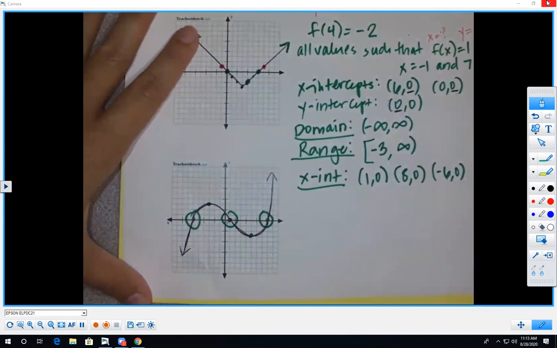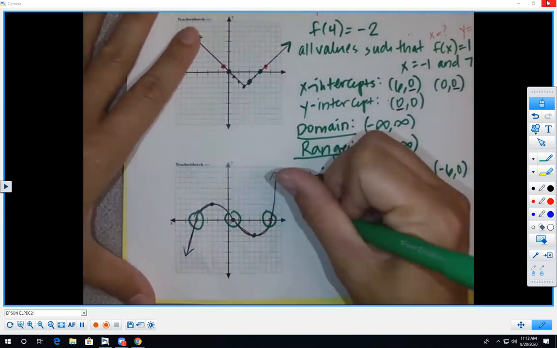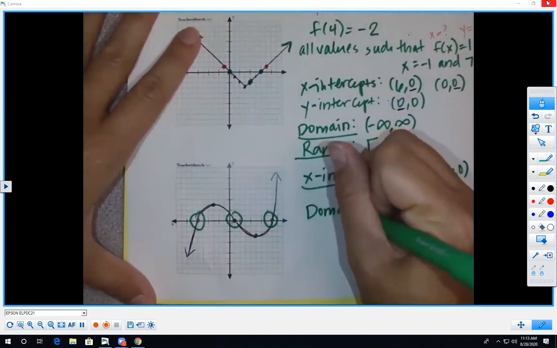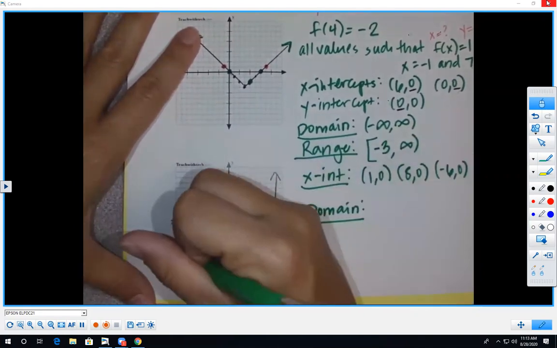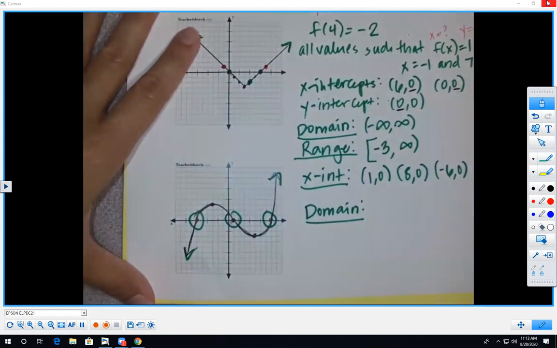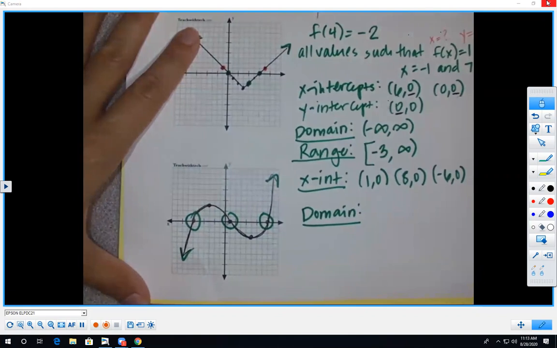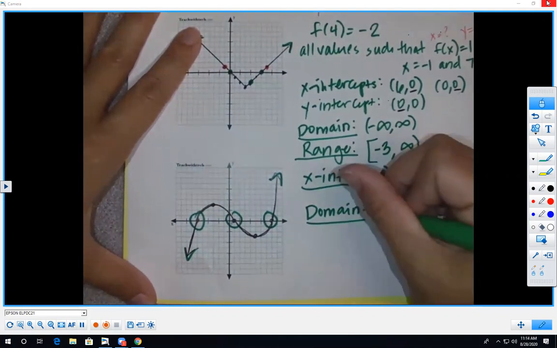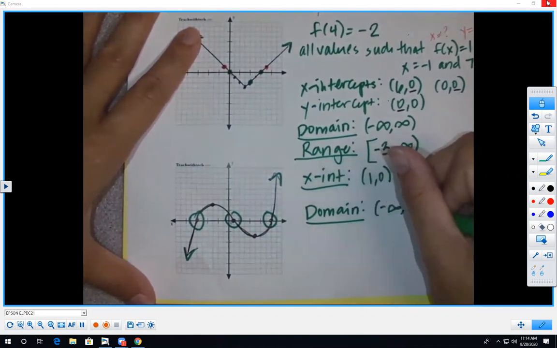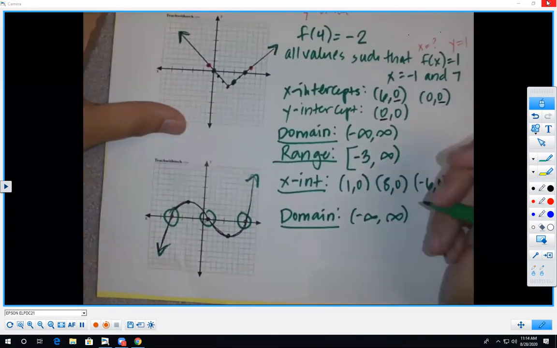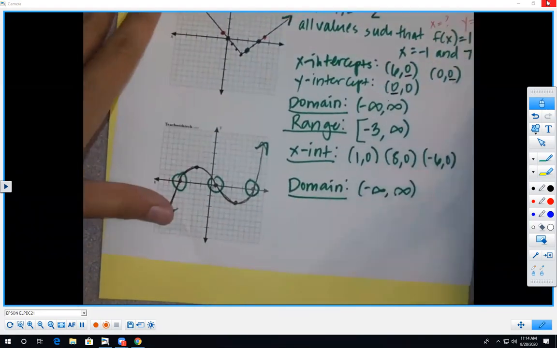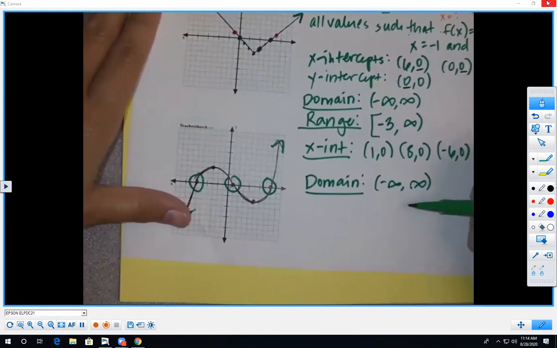Okay, let's do the domain here. What's the domain? How wide is it? Where does it start out on the left, end out on the right? It's -infinity to positive infinity, right? Most functions have a domain of -infinity to positive infinity.